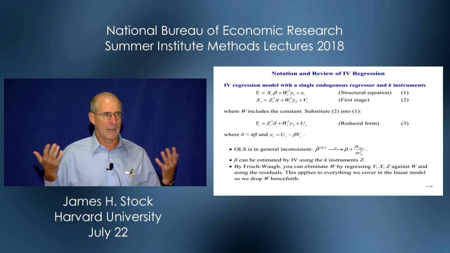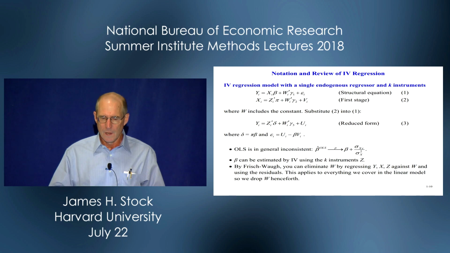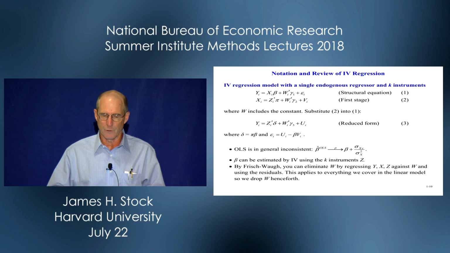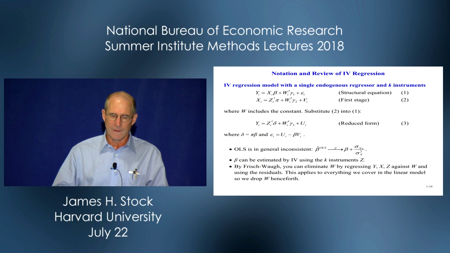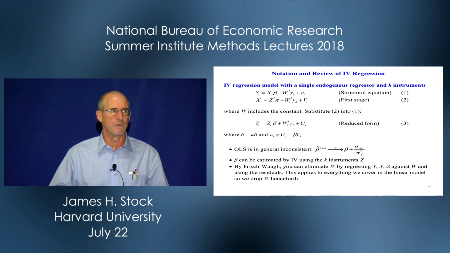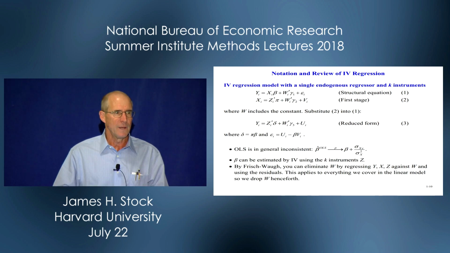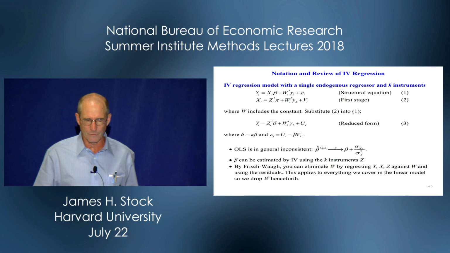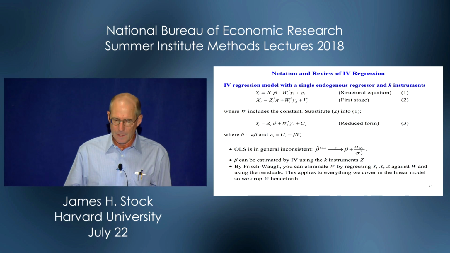That's the famous form, and that's how you deduce beta. If you have a single included endogenous regressor, you can take the ratio of delta hat to pi hat, and that's going to give you an estimate of beta hat, and that's just the IV estimator. Okay, so that's the setup.